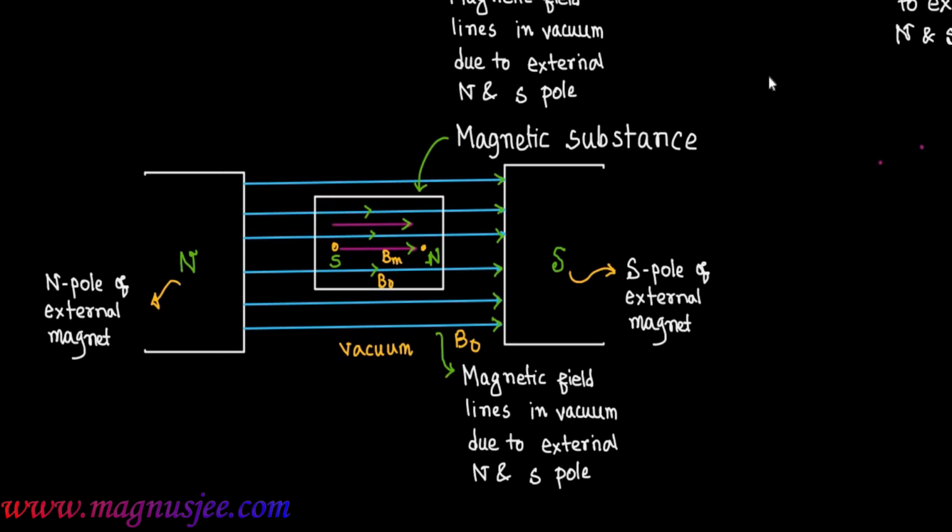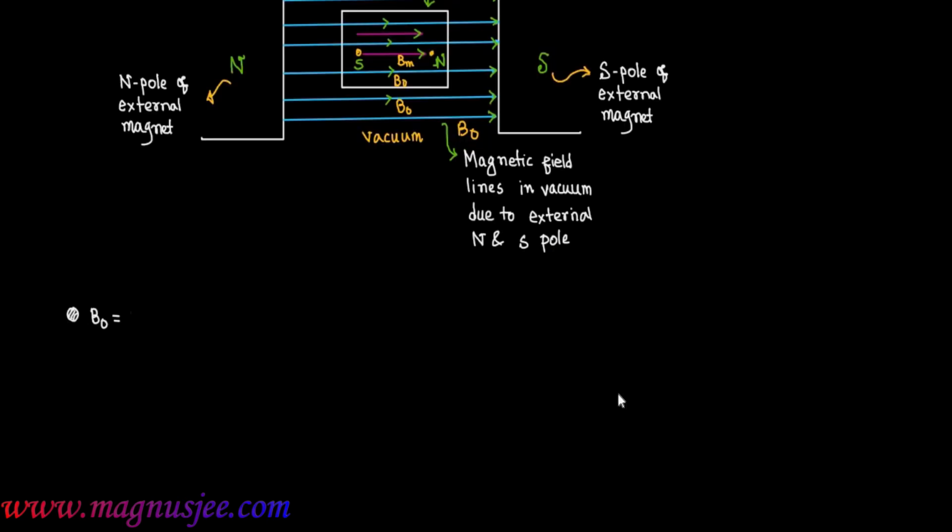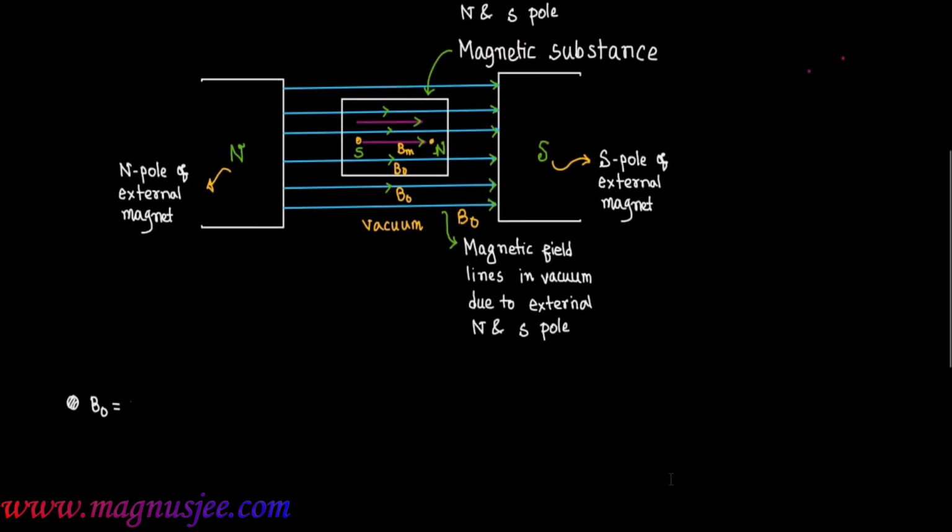Bm is the number of magnetic field lines passing through unit area of the magnetic substance due to magnetization, and B0 is the external magnetic field acting in vacuum, the number of magnetic field lines passing through unit area in vacuum in the absence of the magnetic substance.